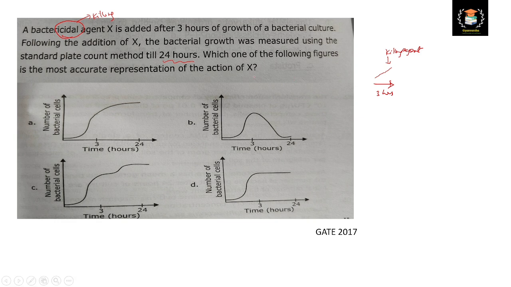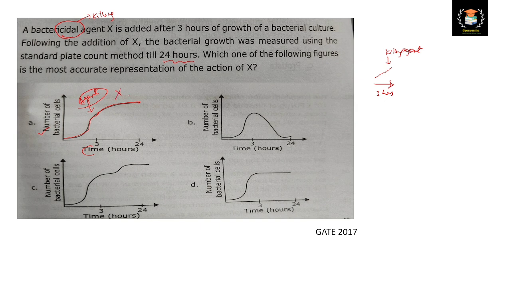So let's see. In this, the x-axis is time, and the y-axis is number of bacterial cells. Here it is showing that for 3 hours bacteria is growing, but after the addition of the agent, it is still increasing till 24 hours, which is not what the agent does.